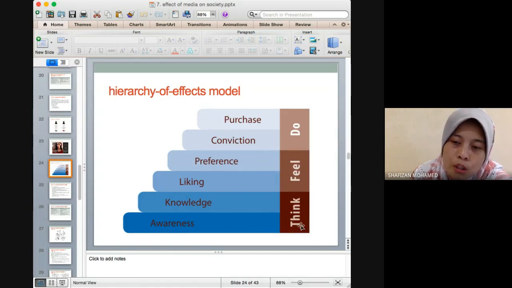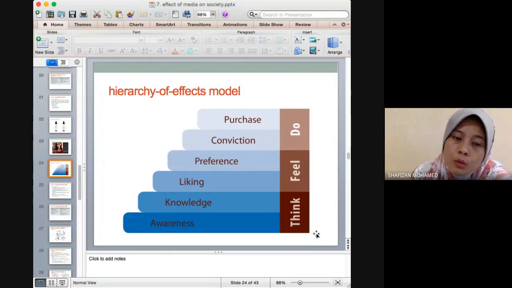And now you don't only know about the particular film, you can create some kind of a preference or a liking. So when you have managed to create this positive view and a positive feel for a particular product, then you can influence people to take action. Go to the movies and watch the movies. So here basically it's talking about the hierarchy.